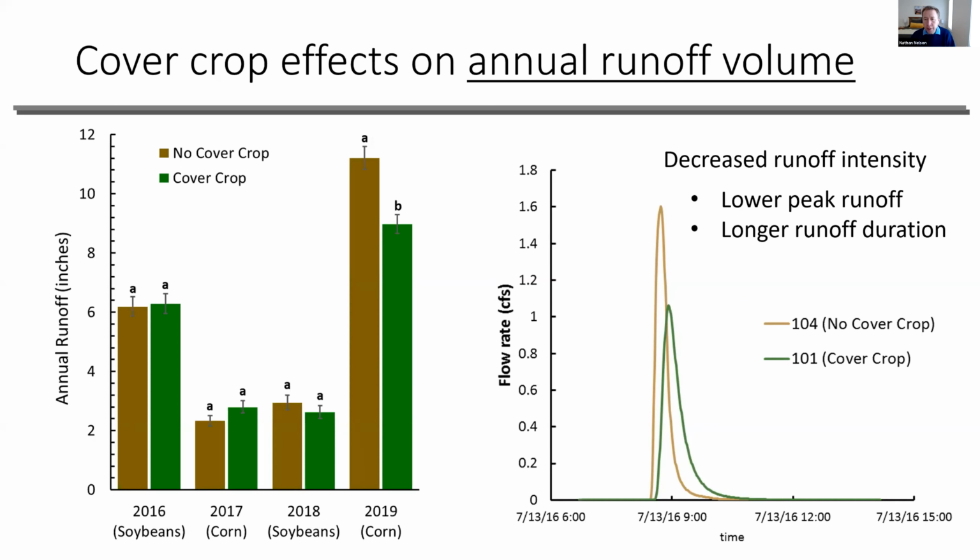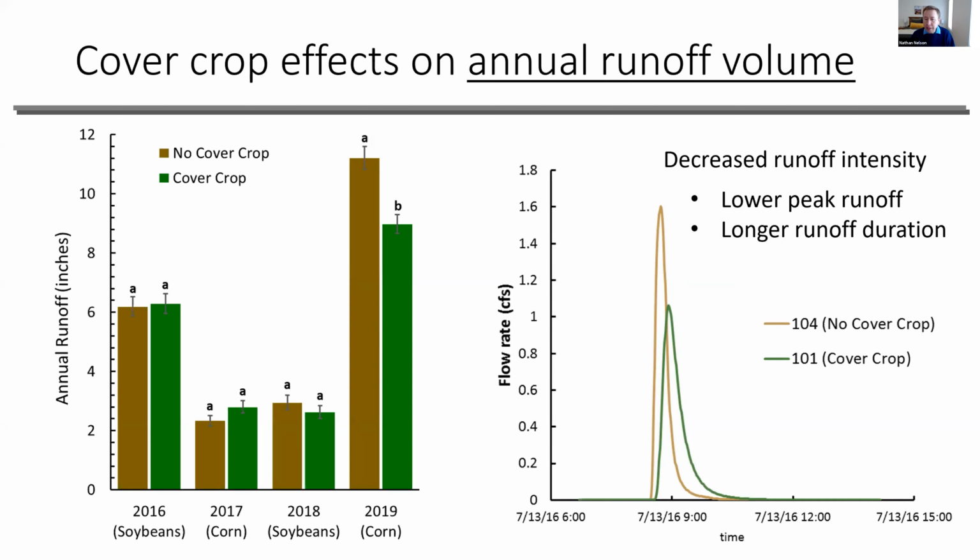So not a real consistent effect at all on the runoff volume. But what we did see fairly consistently is that we decreased runoff intensity pretty much every year, where our peak runoff rates from the cover crop plots were lower. The time to that peak was extended by about 7 minutes or so.